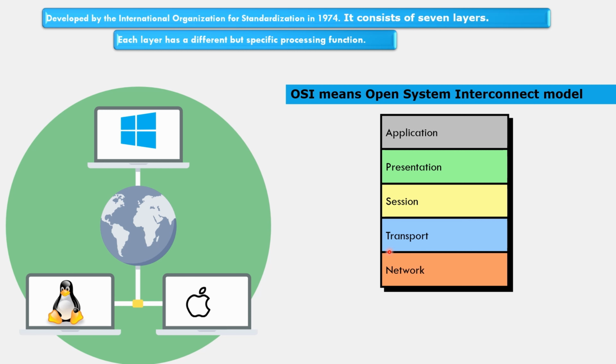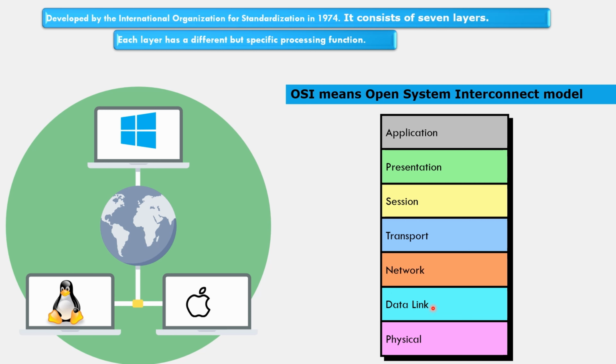It will check the IP version details itself. The router is part of this network layer. Data link layer checks the MAC address itself, so it's related to the switch side. And physical layer converts the media to bits to transmit data from one device to another device.